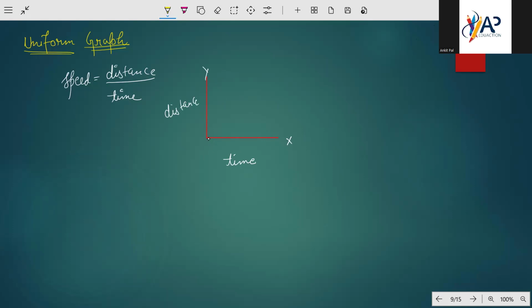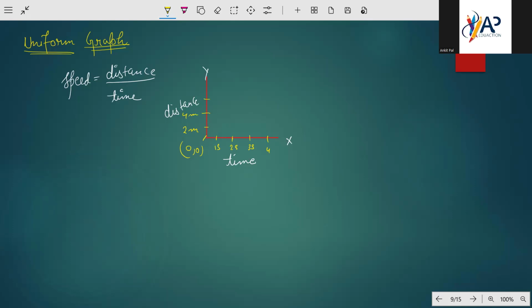This point becomes origin 0, 0. And we can say this is 1 second, 2 seconds, 3 seconds, and 4 seconds. In 1 second, the object covers a distance, suppose 2 meters. After 2 seconds, it covers 4 meters.